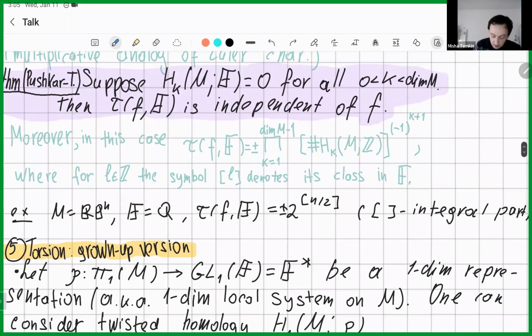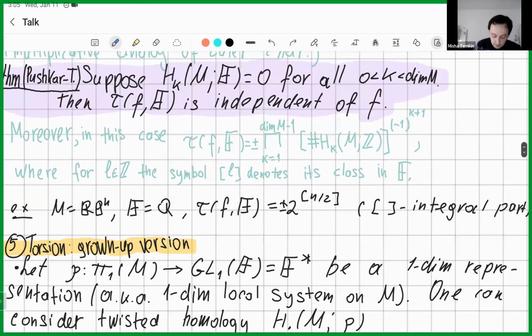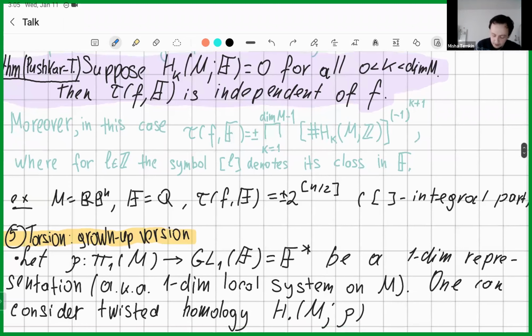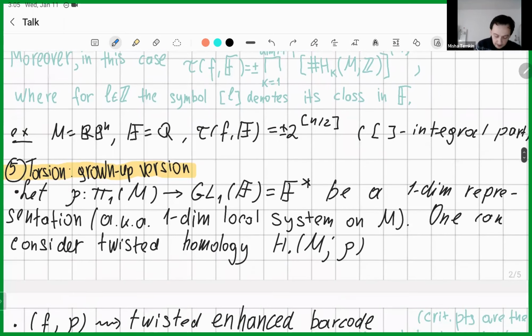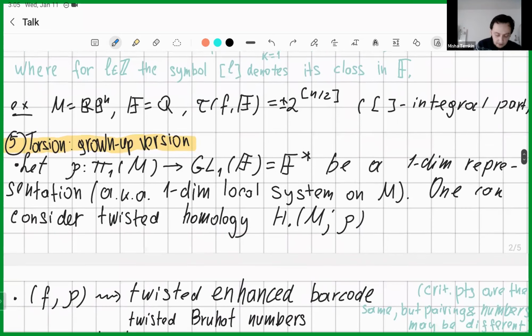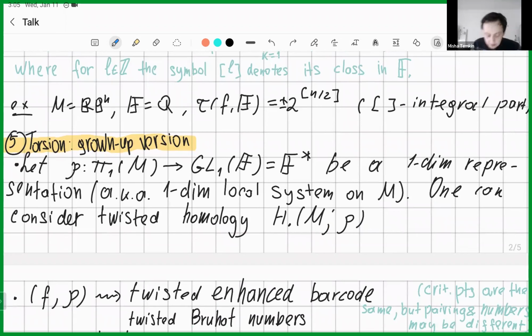Given that, one can consider the twisted homology of M, the homology of M twisted by rho, denoted like this. Second, given a function F and a one-dimensional local system rho on M, I can construct, I'm not giving the construction right now, but it's more or less essentially the same, the twisted enhanced barcode.